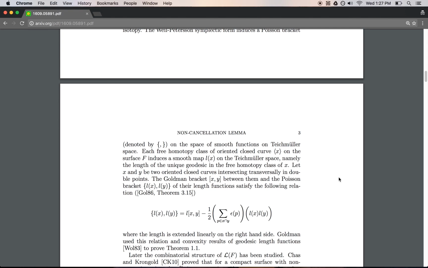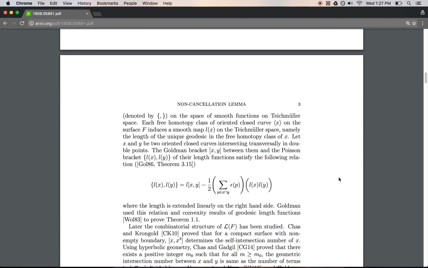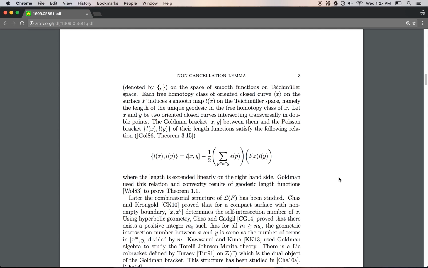The Goldman bracket x, y between them, and the Poisson bracket, curly brackets L of x, comma L of y, of their length functions satisfy the following relation, which Goldman showed in 1986, theorem 3.15.